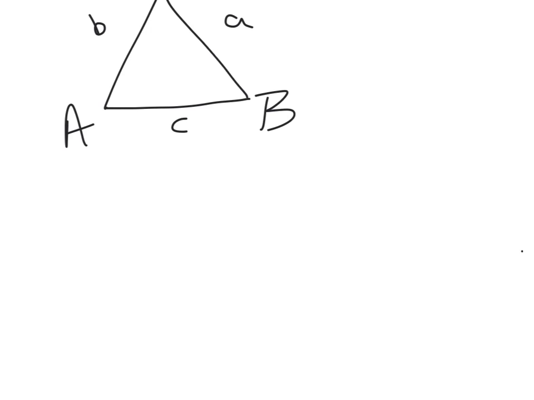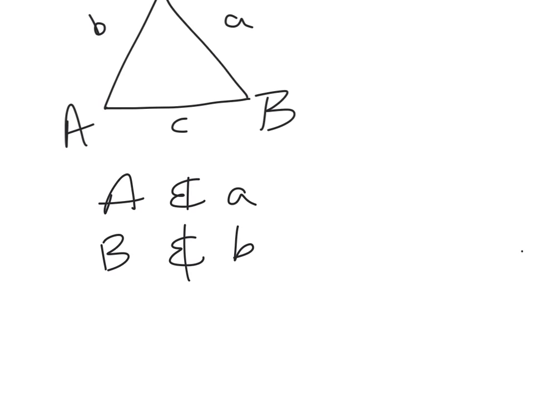In other words, we need to know about angle A and side A, or angle B and side B, or angle C and side C. We need to have an opposite pair of angles and sides to be able to apply the law of sines.